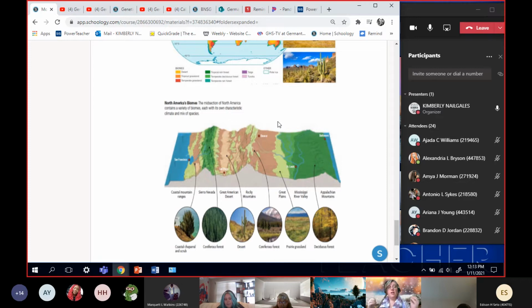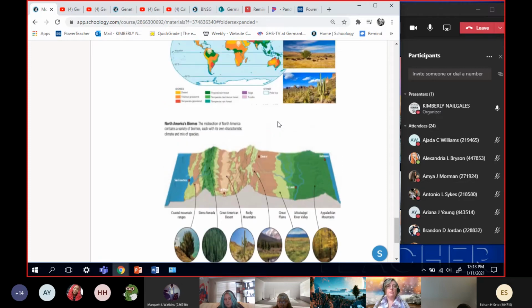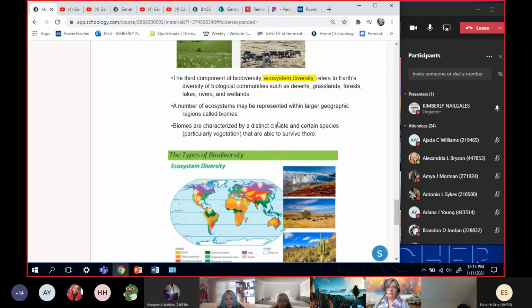If you start stretching that, there's tons and tons of different ecosystems. Well, that's ecosystem diversity. And so the more different ecosystems you have to choose from, the more likely you'll have some place that the organism can be comfortable and can live in.